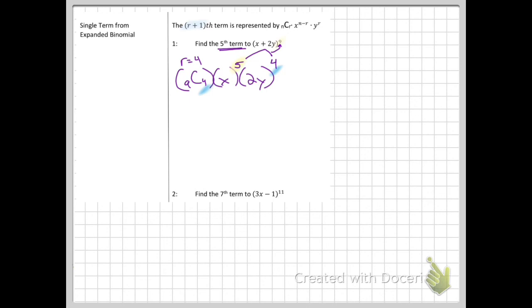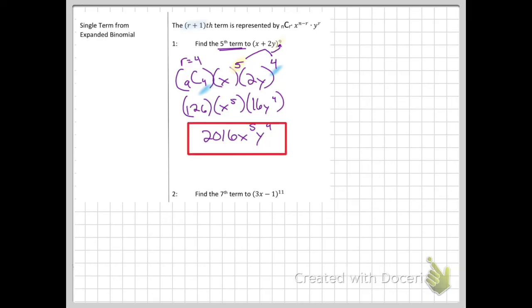So instead of doing the whole row, or the whole column, I guess I should say, we just look at one row. So then you do 9c4 in a calculator. That's 126. X to the 5th is just x to the 5th. 2y to the 4th is 16y to the 4th. I multiply those together and I get 2016 x to the 5th y to the 4th. If I did the whole thing, that would be the 5th term.